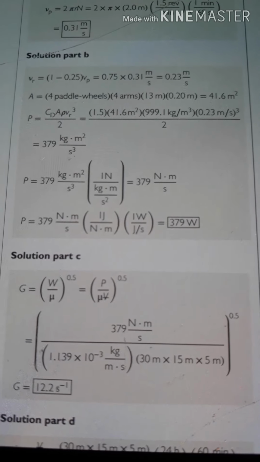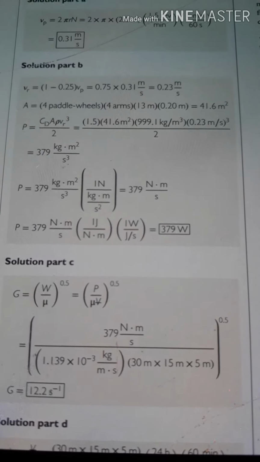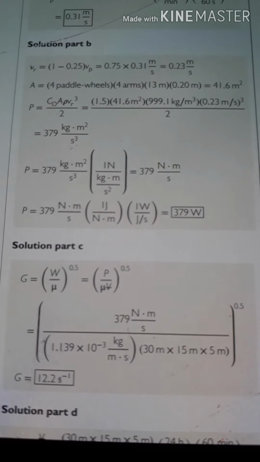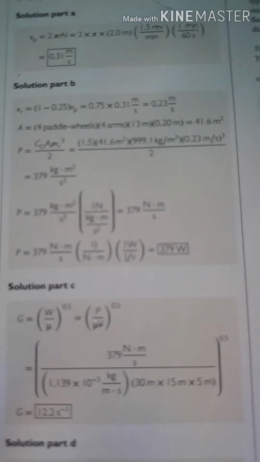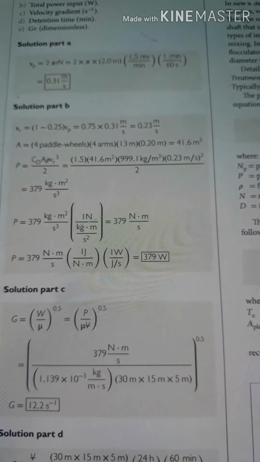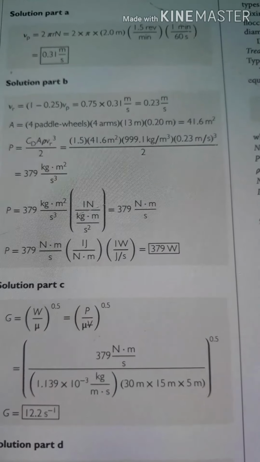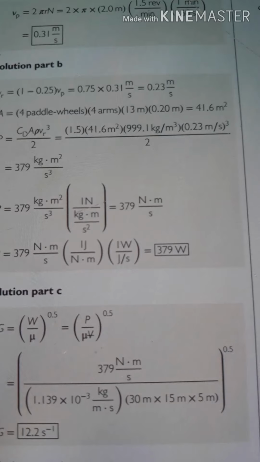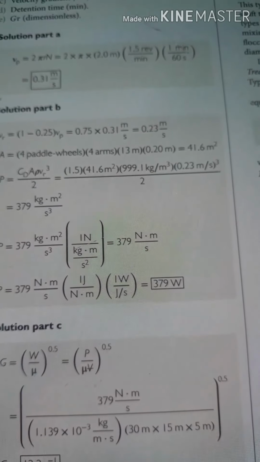That's equal to 375 kilograms per meter squared per cubic seconds. Since naka-indicate dito na ang kailangan ay unit niya at the end is W, kailangan natin siyang i-convert. So, after the conversion, ang maabot niya is 379 W.